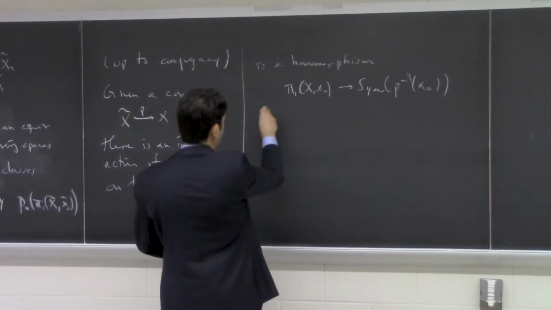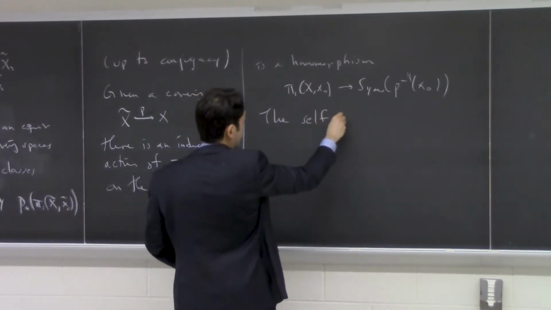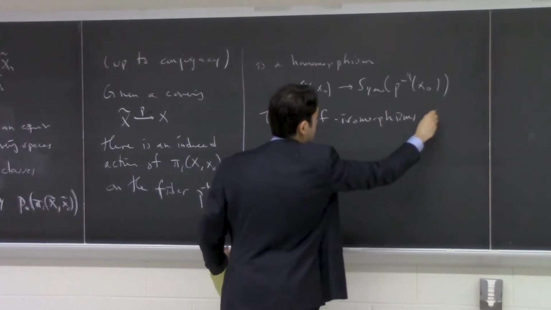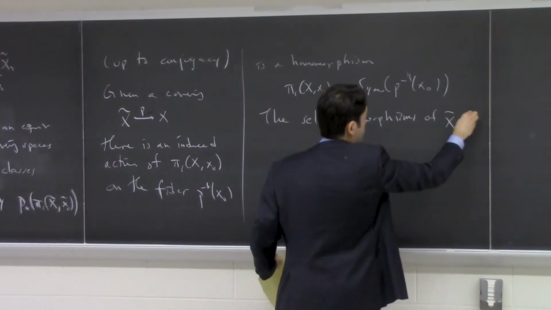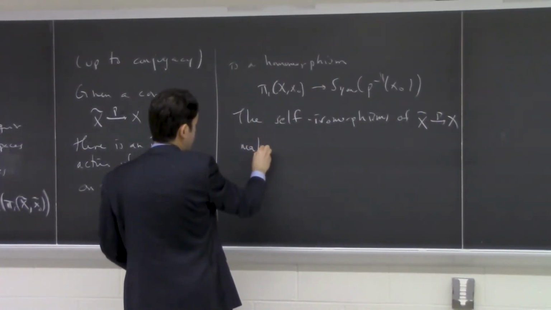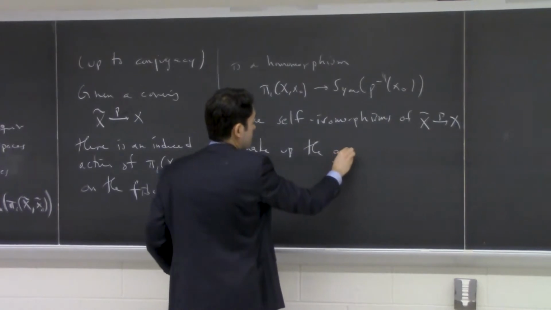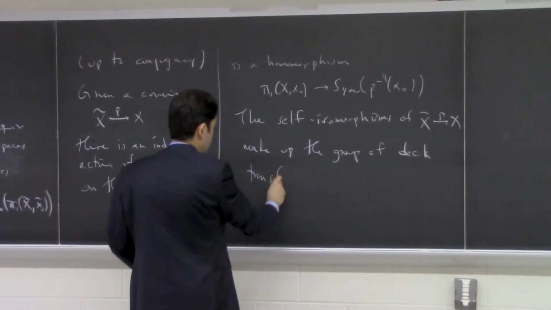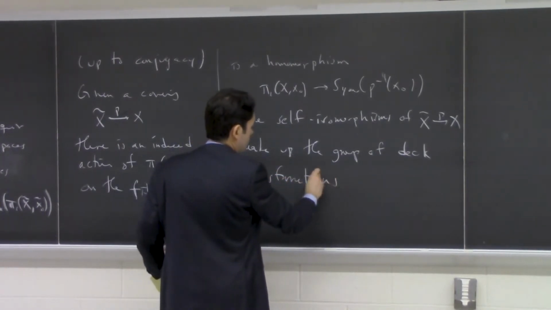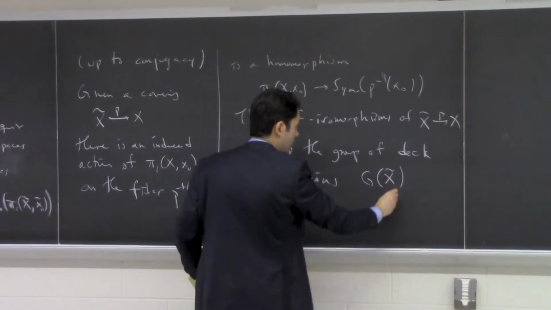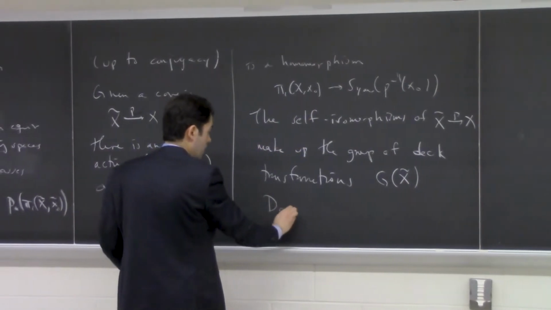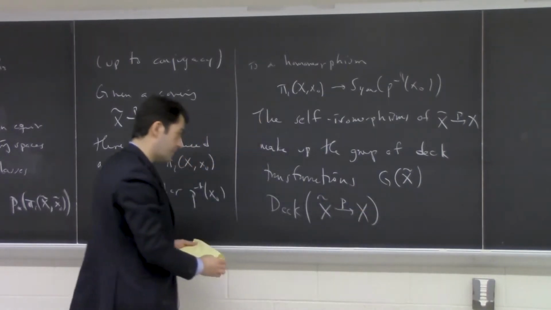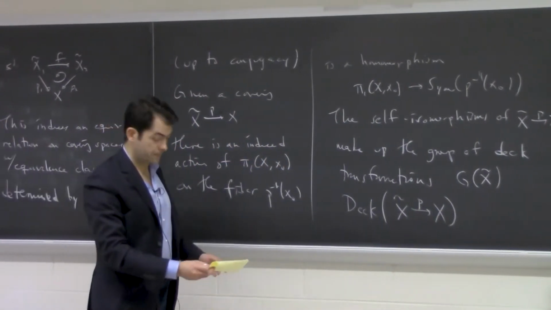Okay, then the self-isomorphisms of a covering make up a group. The group of deck transformations. Right, which we sometimes write G of x tilde, or if we want to put everything in, deck of x tilde to x.